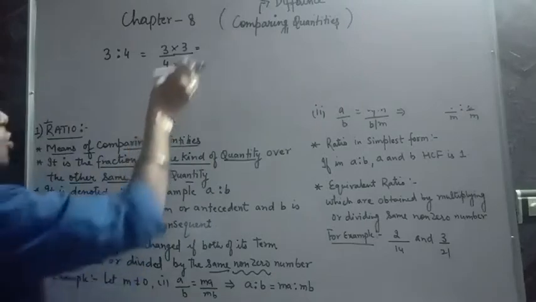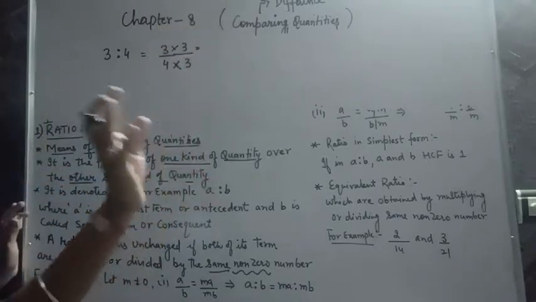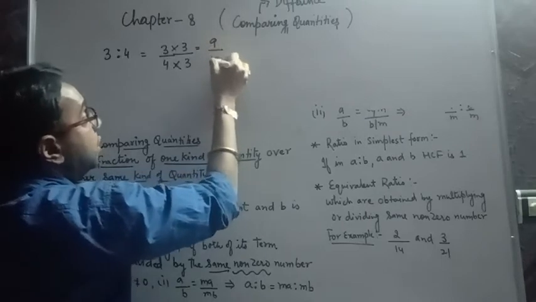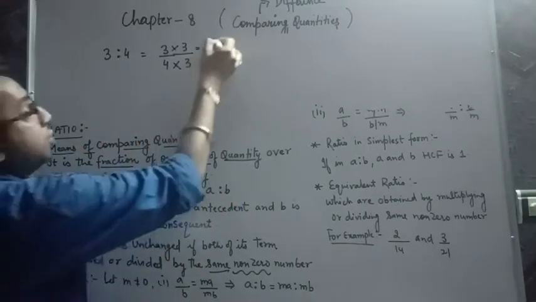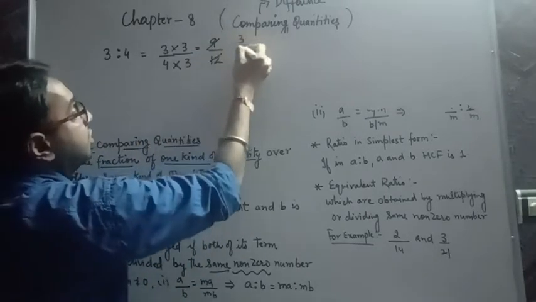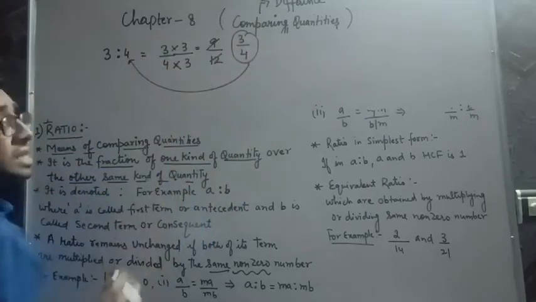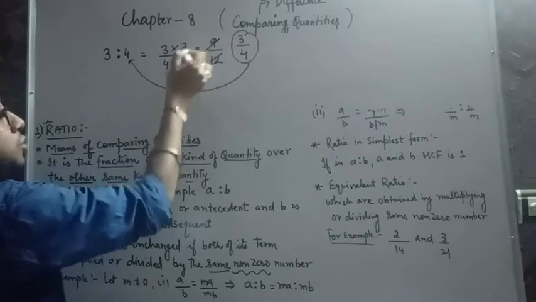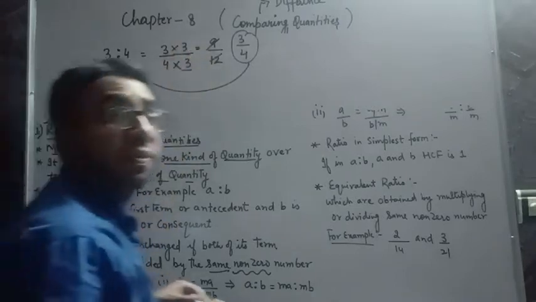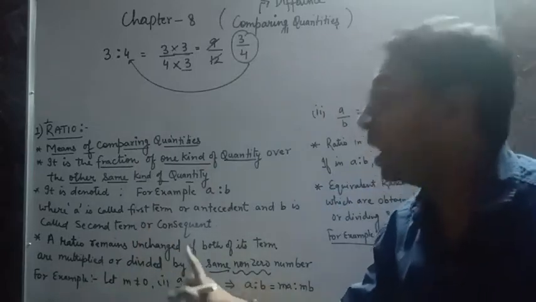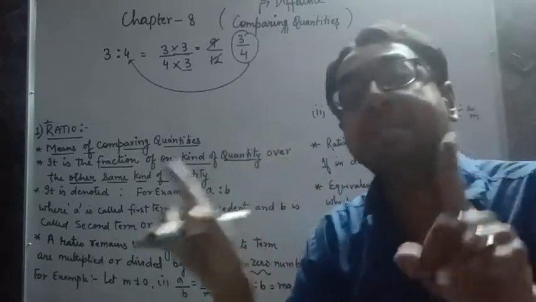I cannot make it numerator by 3, denominator by 4. No. Understand why. What is the result? 9 upon 12. 3 3s are 9 and 3 4s are 12. Don't you think it is still the same even after multiplying with 3, because 3 3 is cancelling out. That is why the ratios remain the same if we multiply or divide them with the same number.